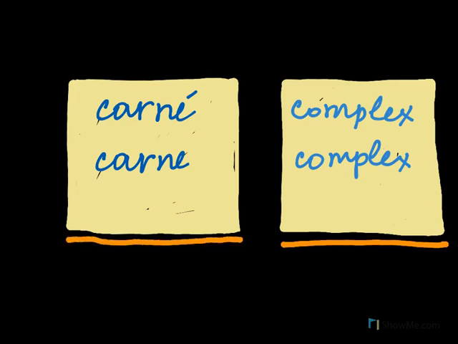In English, you have quite a few words that are spelled the same, but pronounced differently. For example, complex and complex. They are two different words, they have two different meanings, they have different origin, and yet they are spelled the same.